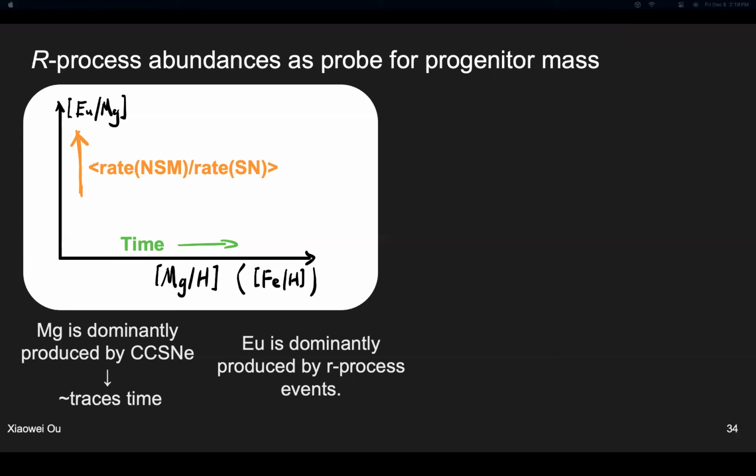On the y-axis, we have europium over magnesium, so just the number density ratio of the two, but here we can treat it as the time-averaged rate of neutron star mergers versus the rate of supernovae. Because these two are produced predominantly by neutron star mergers and supernovae respectively.